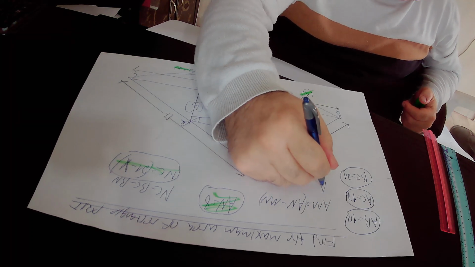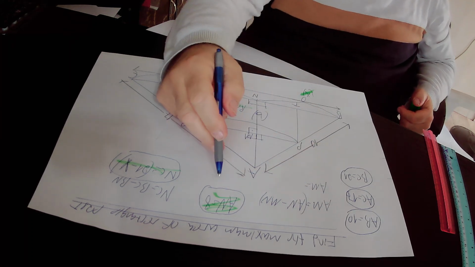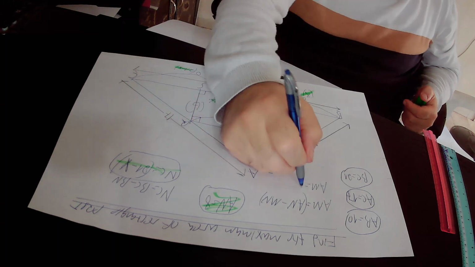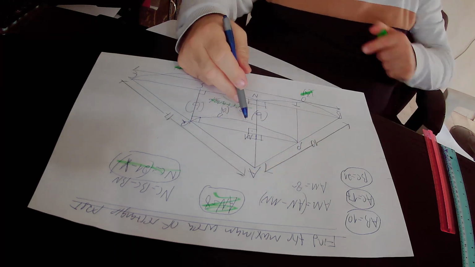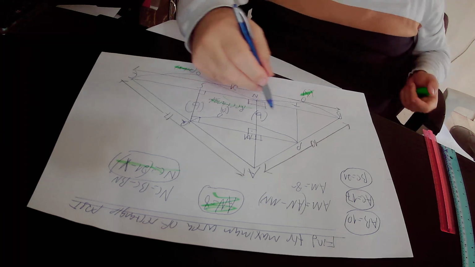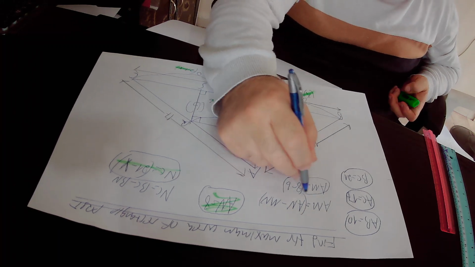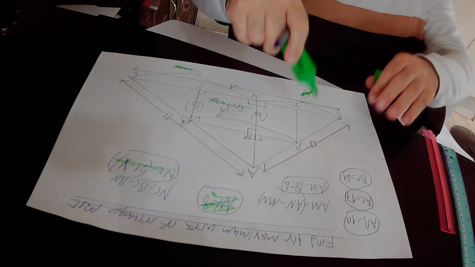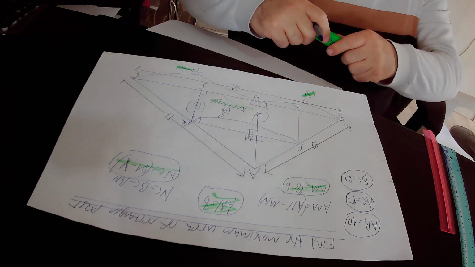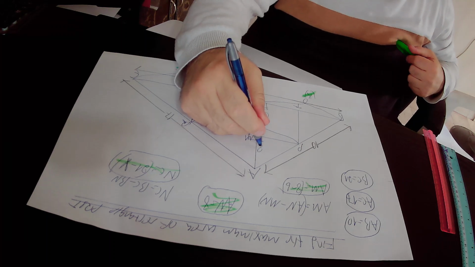So AM equals AN, AN equals 8, minus MN. We just found out that MN equals B. So in total, AM equals 8 minus B. So I write it down here that AM equals 8 minus B.